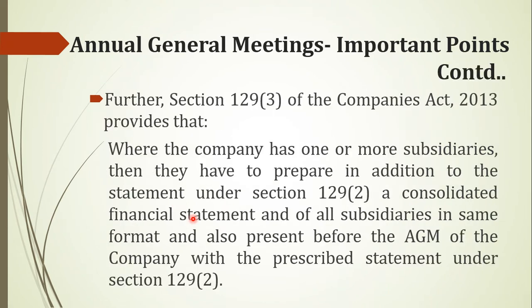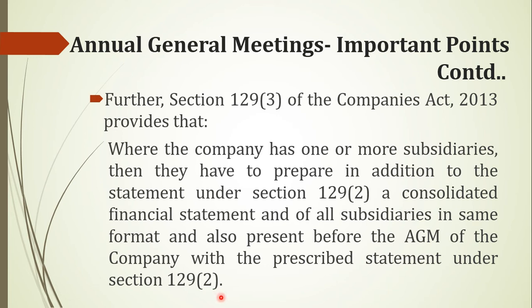Now under the same section 129 but subsection 3, it also provides that if a company is having one or more subsidiaries, then it has to prepare one more statement apart from the financial statement given under 129 subsection 2. Apart from that statement, the company having one or more subsidiaries has to prepare consolidated financial statements of all subsidiaries in the same format and also present them before the AGM of the company with the prescribed statement under 129 subsection 2.